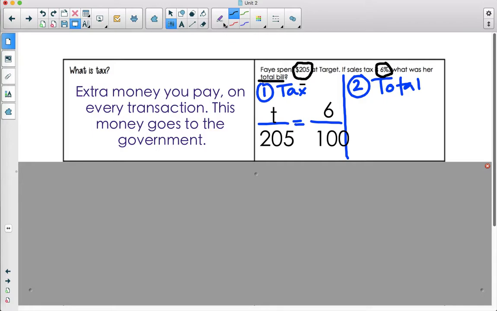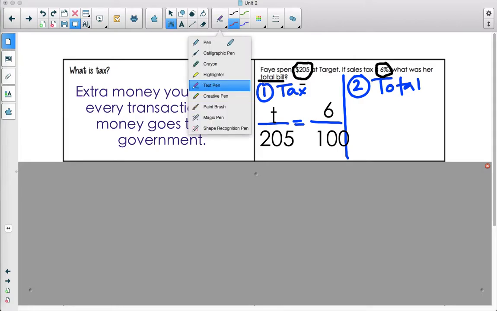We're going to cross multiply and divide. So we're going to take 205 times 6. Type that into your calculator, and then divide by 100.